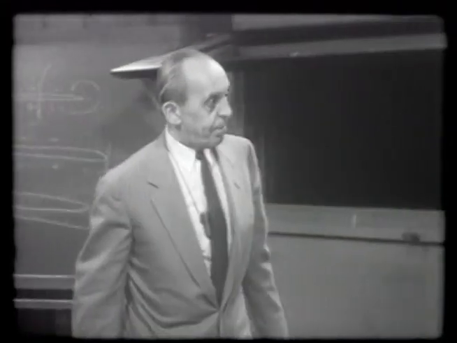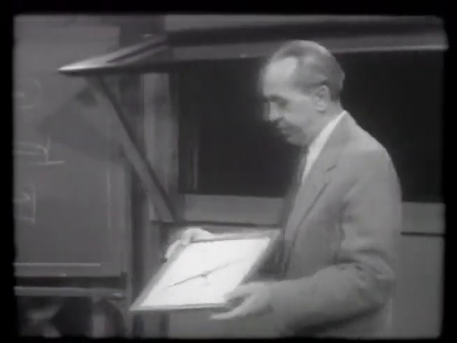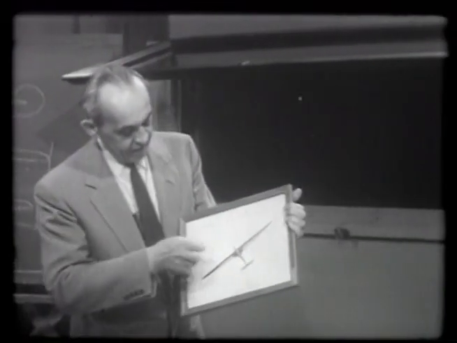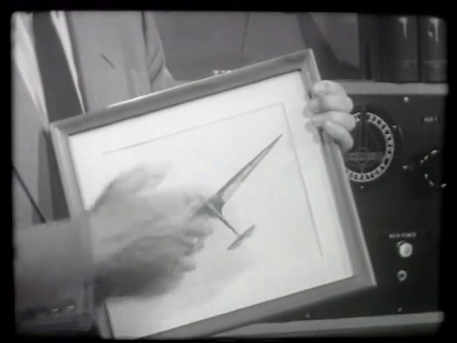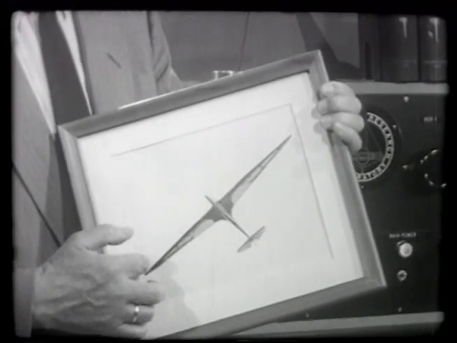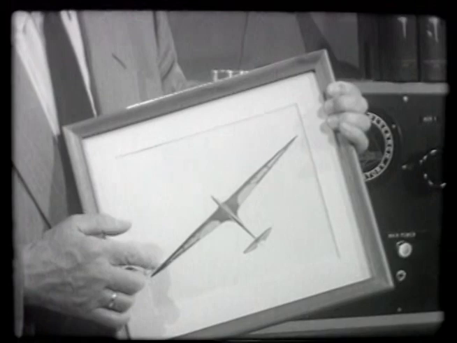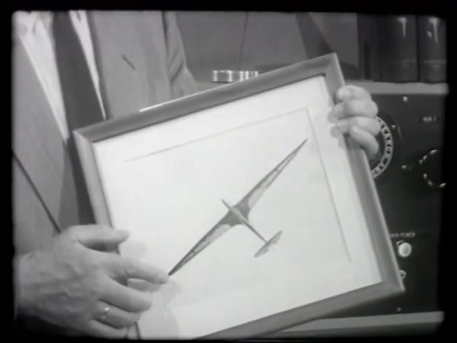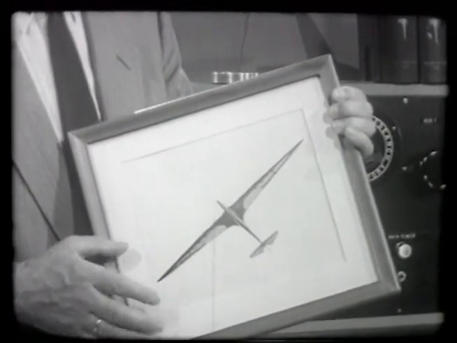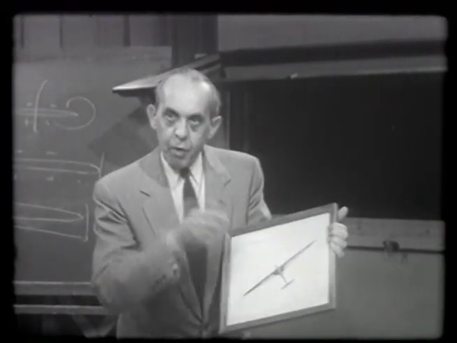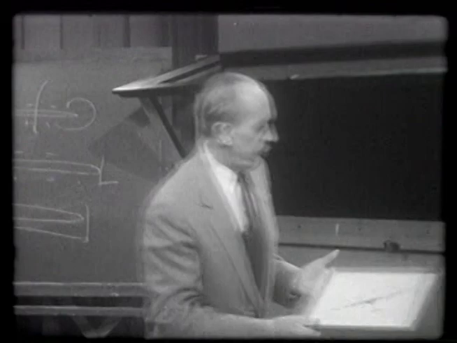It was first applied on gliders, and I have here a picture of a high-performance glider we did long time ago, where you see very well that we have a very small chord and a large span. Actually, this aspect ratio of this particular high-performance glider was 20:1. That means the chord, the mean chord of this wing, is 1/20th of the span.